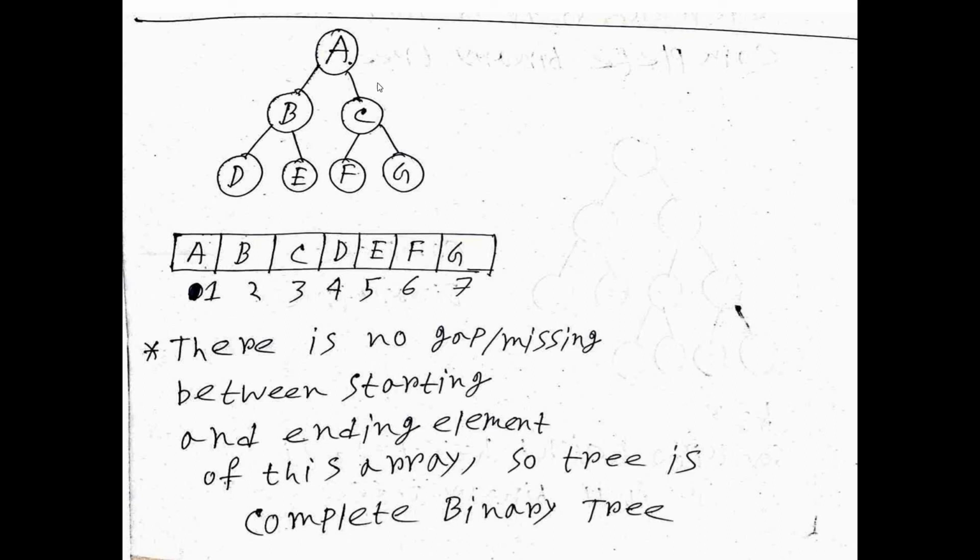Now how can we create this array? Just do a level by level traversal. First level element, then second level, third level. So first level A, index number 1. Then second level B C, then D E, then F G. That's how we created this array.